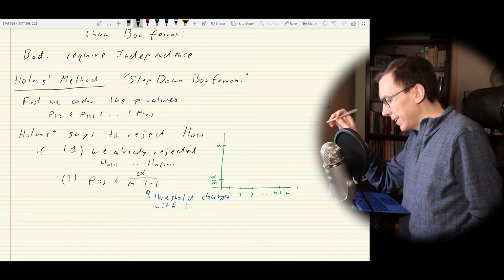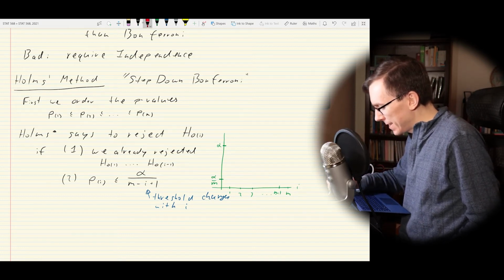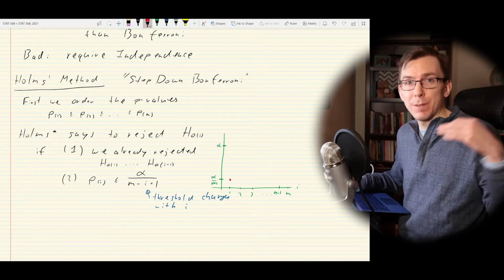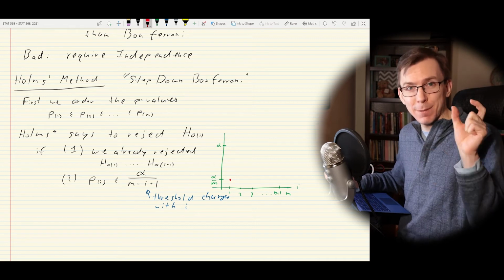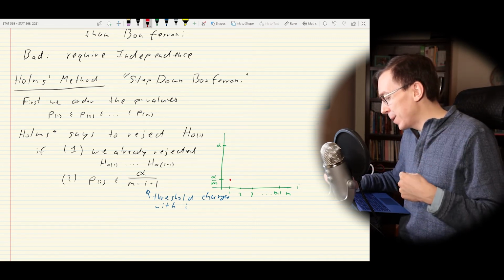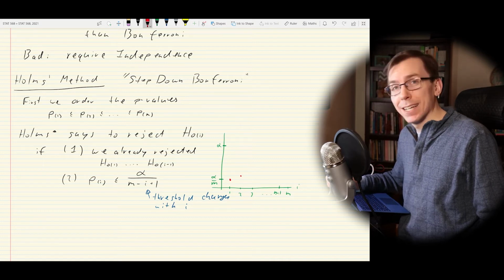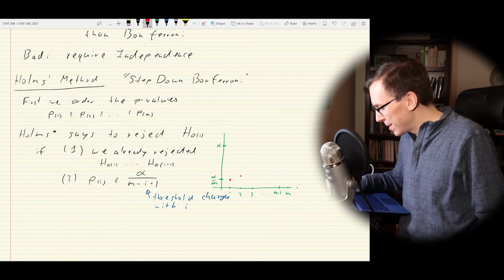So the idea here is that we would reject the first hypothesis if it's less than alpha divided by m, which is just applying Bonferroni to the smallest p-value in your set. Then if you reject that, you go to the next one and you would reject it if it's less than alpha divided by m minus 1, and then alpha divided by m minus 2, and so on.